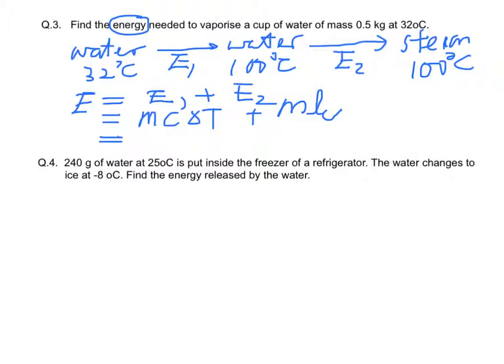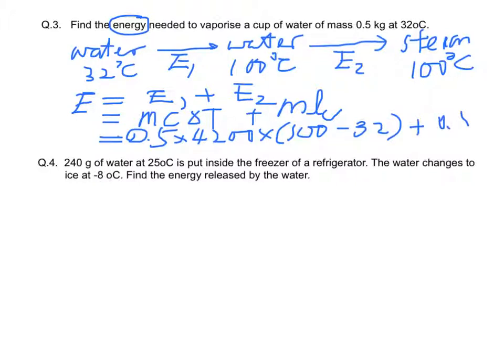E equal to 0.5 times 4,200 times 100 minus 32, and plus 0.5 times Lv, which is 2.26 times 10 to the power 6.